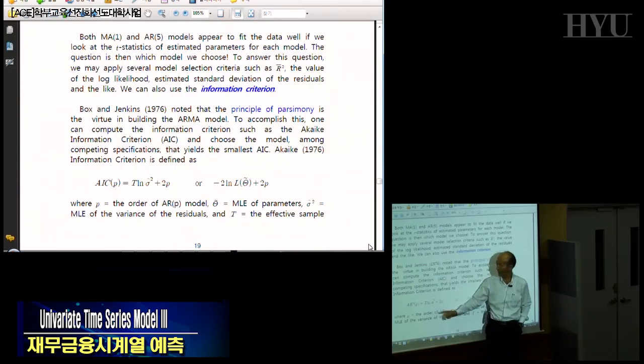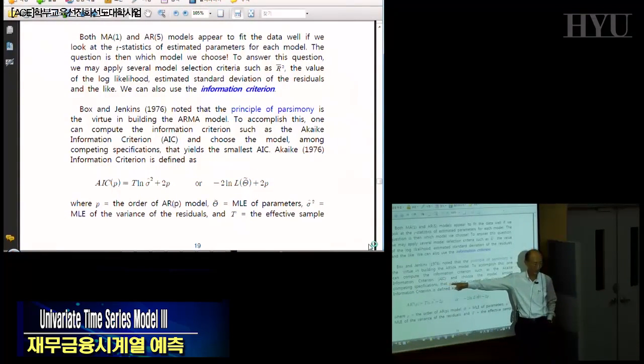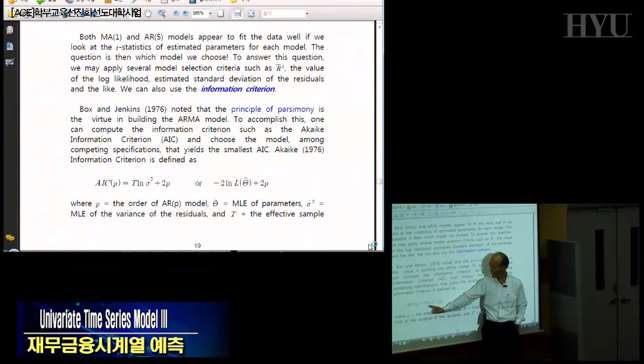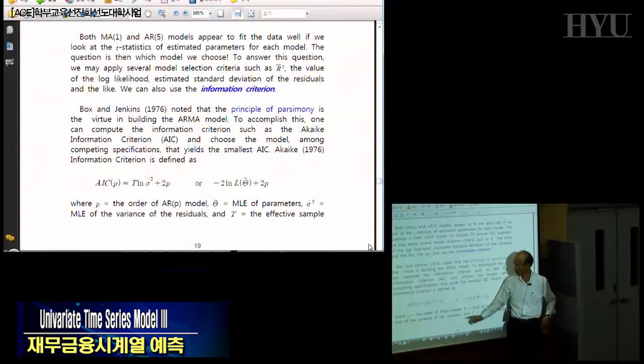The way this Akaike information criterion is constructed, as suggested by Akaike, is: calculate the residual variance, take the natural log, and T is the sample size of the regression, of course effective. P is in this case 1, right? So you estimate AR(1). And 2 is the weight.